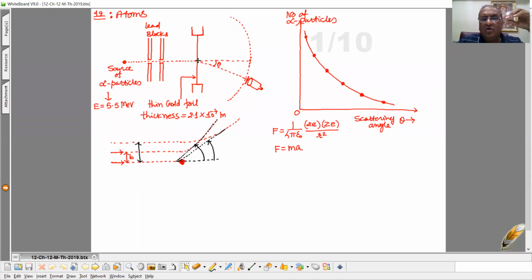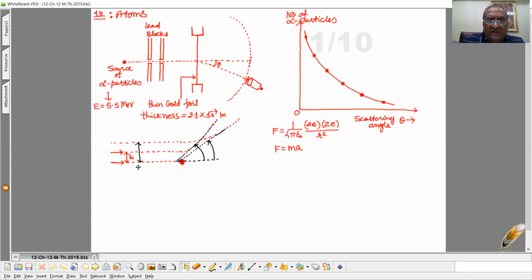Okay, so all these things he concluded from this, and by considering this, theoretically he calculated the trajectory of alpha particles. So here the trajectory of the alpha particle depends on the impact parameter of the collision. Now, what does impact parameter mean?